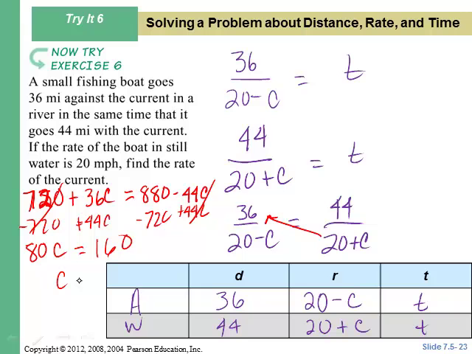So c is 2. 20 minus 2 is 18. 36 is 18 times 2. 20 plus 2 is 22. 22 times 2 is 44. So the rate of the current is 2 miles per hour.